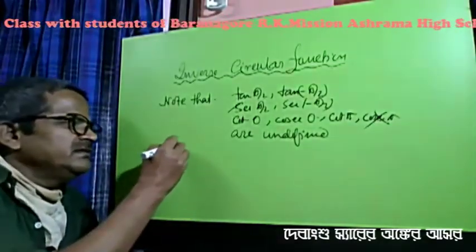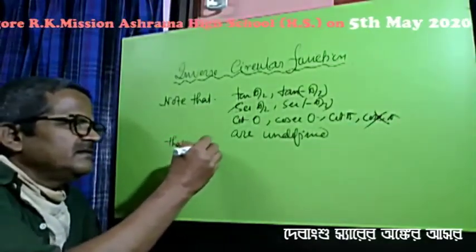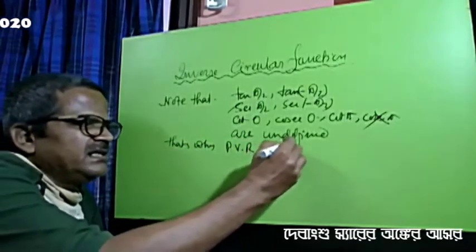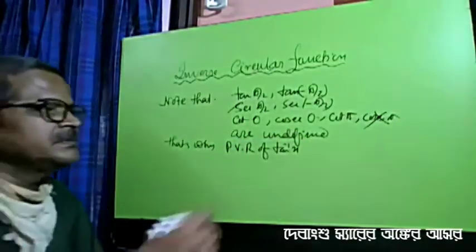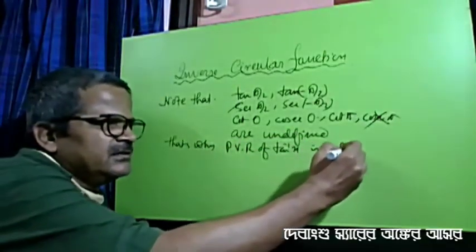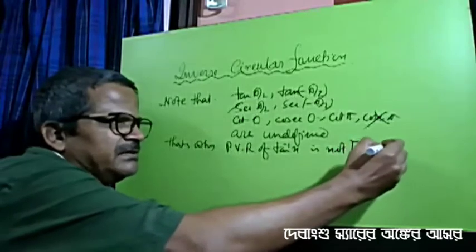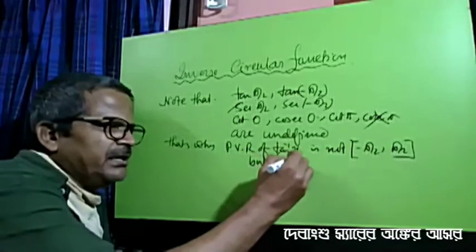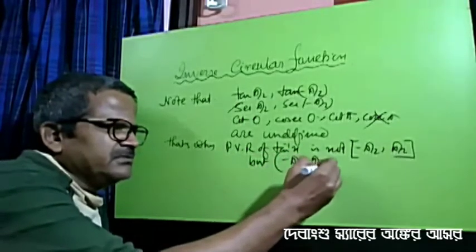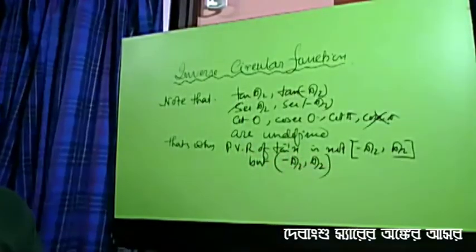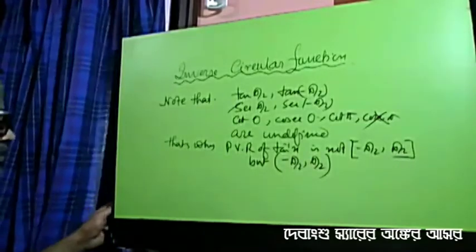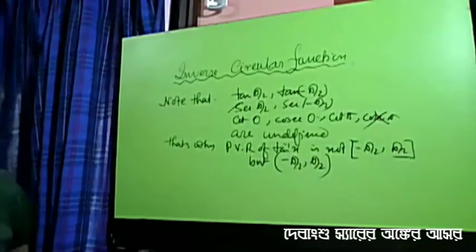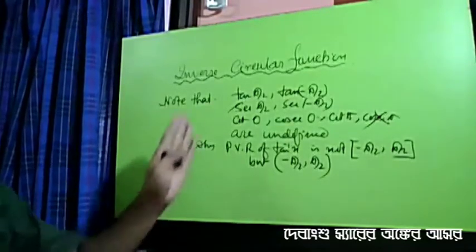That's why the PVR of tan inverse x is not the open interval but the closed interval, minus pi by 2 to pi by 2. Suppose after calculation you got tan inverse of something by 0.